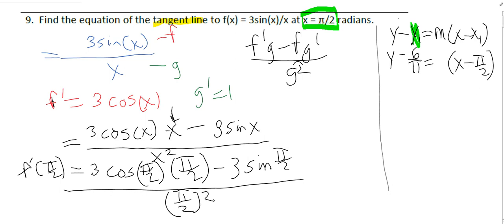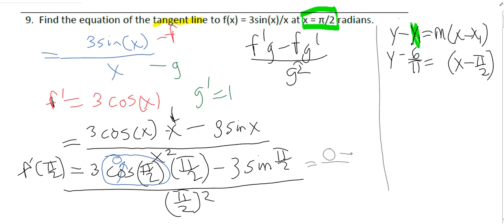Alright, now let's see. Well, hopefully you remember that the cosine of pi over 2 is equal to 0. So this whole thing goes to 0. So you have 3 times 0 times pi over 2, which is equal to 0.